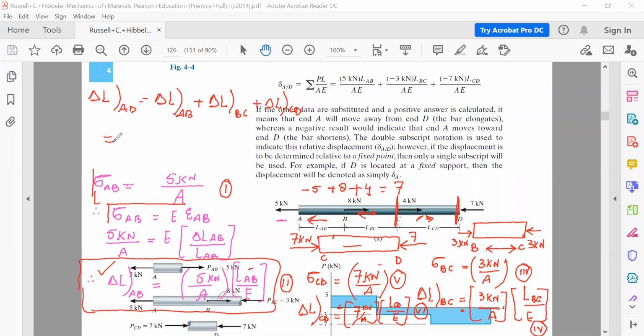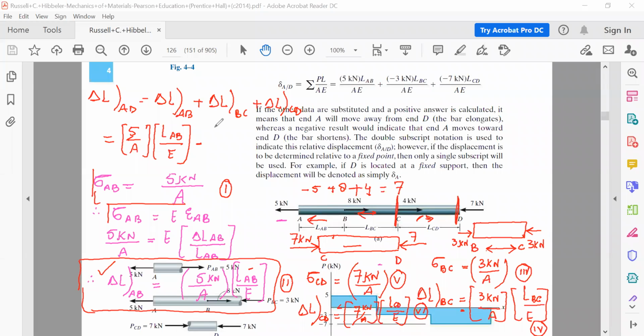That's equal to change in length of section AB, that is 5 kilonewton divided by A, multiplied by length of section AB divided by Young's modulus. This is positive, okay?